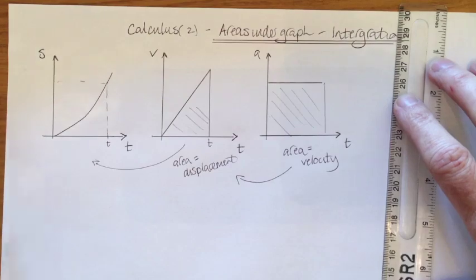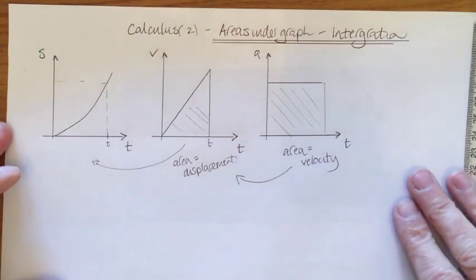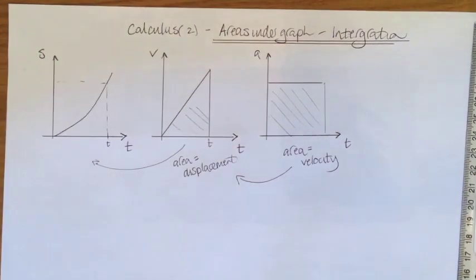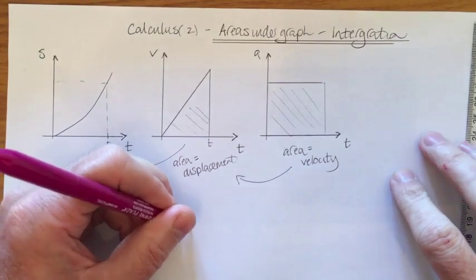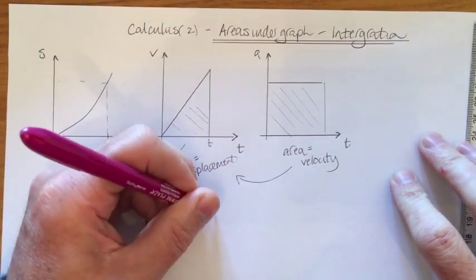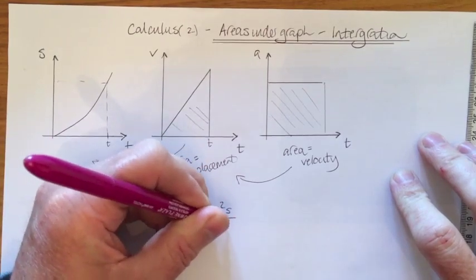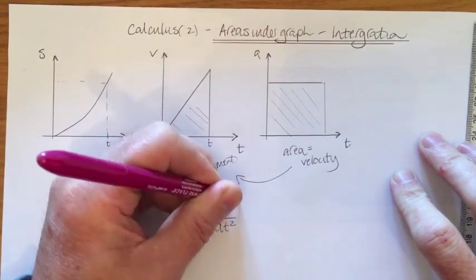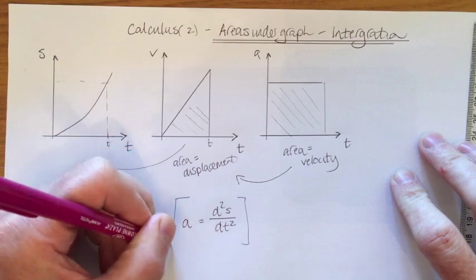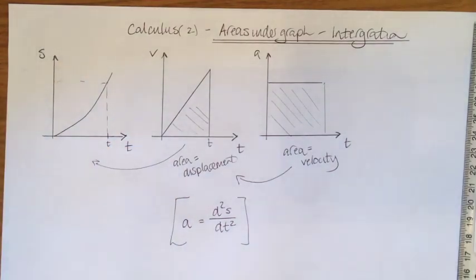So the key to deriving the equations of motion by using calculus is our statement for acceleration. Acceleration is the second derivative of displacement. If we integrate this statement twice, we will get our equation of motion for velocity and equation of motion for displacement.